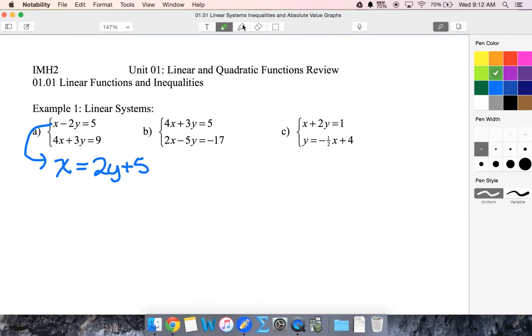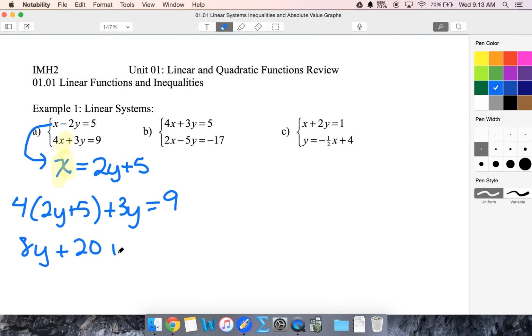Let's switch to highlighter. I'm going to take x and replace this x value with the equivalent expression. So coming back to my blue, in that second equation, I'm going to take 4, and instead of x, the equivalent expression is 2y plus 5, plus 3y equals 9. I'm going to distribute and collect like terms.